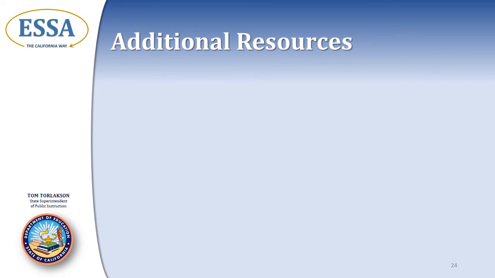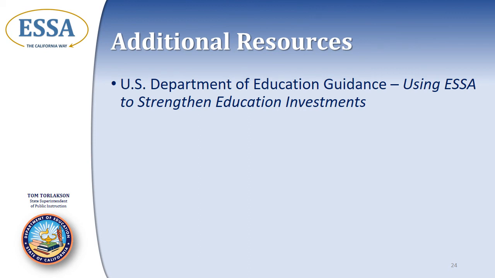Here are some additional resources. First, the U.S. Department of Education non-regulatory guidance, from which I sourced all of the material for this presentation, and the What Works Clearinghouse, operated by the Institute of Education Sciences and designed to provide practitioners with resources and interventions that meet a high bar of evidence.